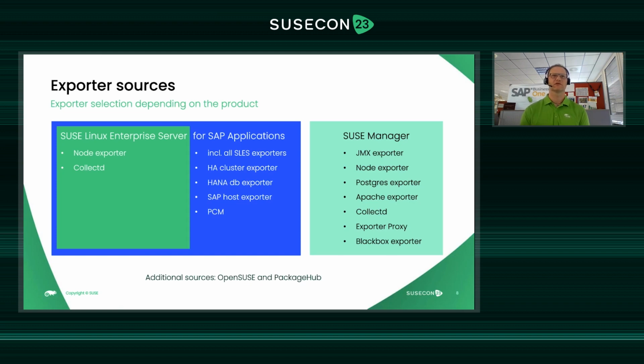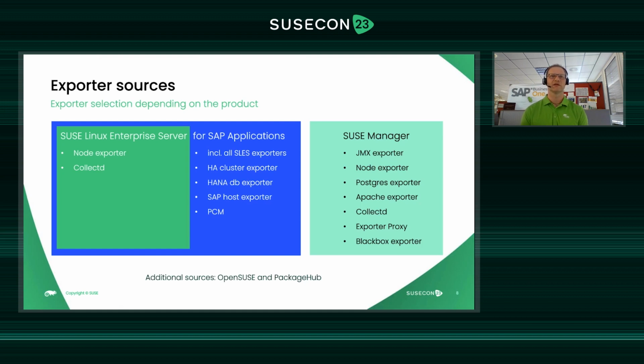With our products, SUSE Linux Enterprise Server, SUSE Linux Enterprise Server for SAP applications, and SUSE Manager, we ship different flavors or kinds of exporters. For SUSE Linux Enterprise Server, we have exporters which expose operating system and hardware-related information.